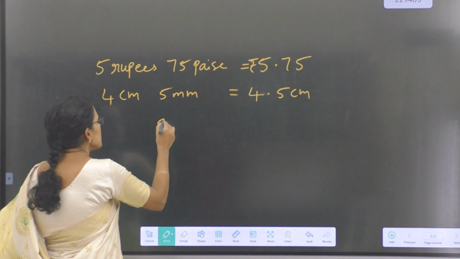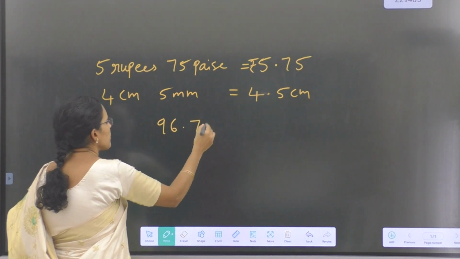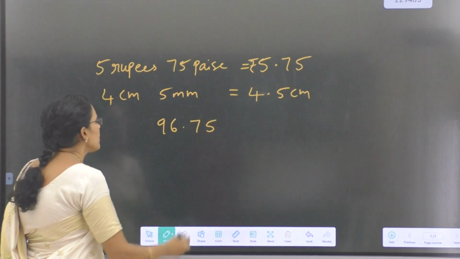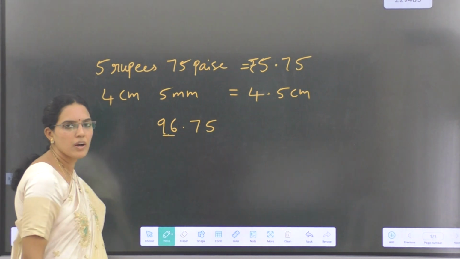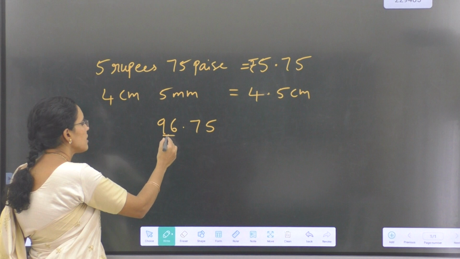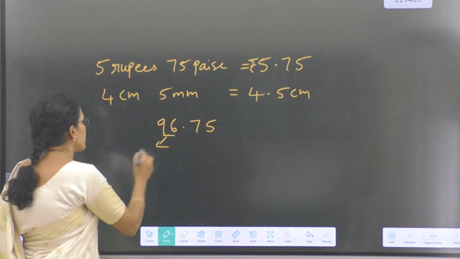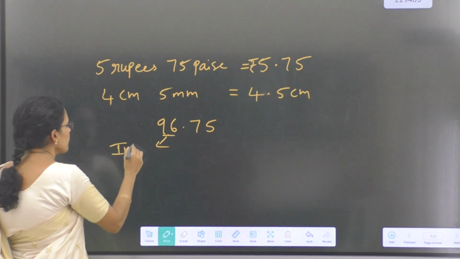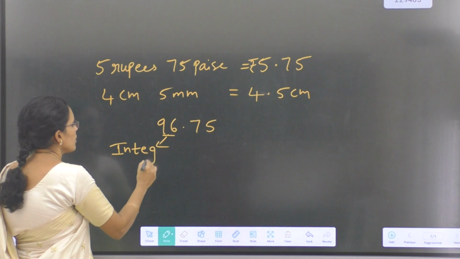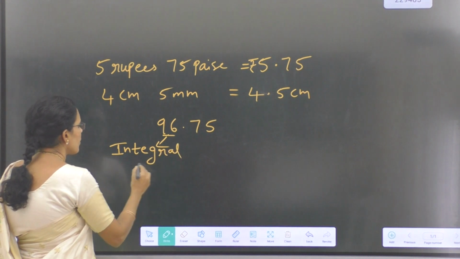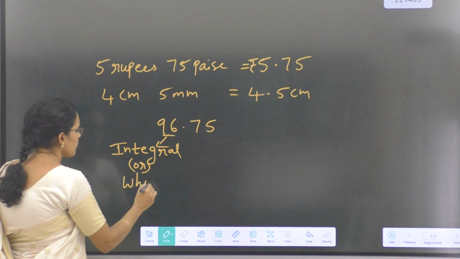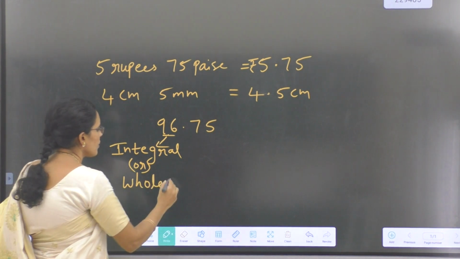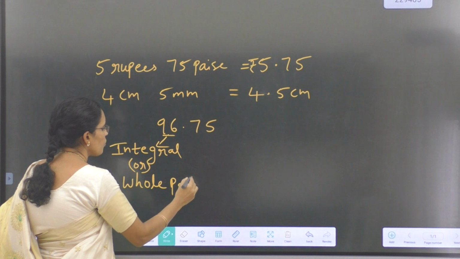In 96.75, in this decimal, here 96 is known as the integral part or whole part. We call it the integral part.